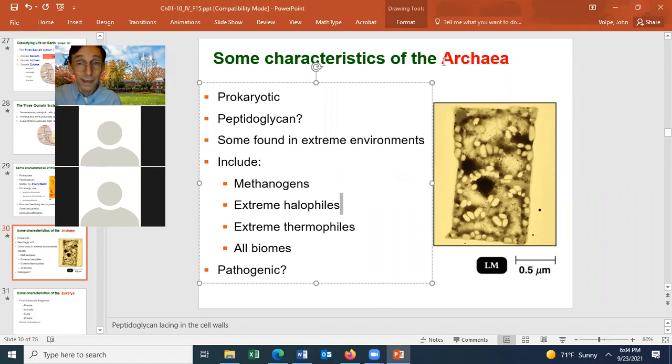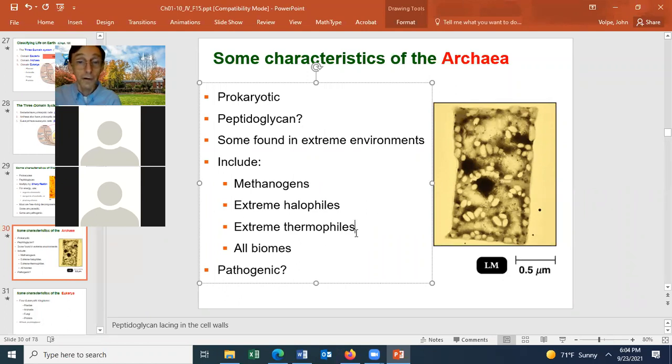Most of them are archaea. You can find archaea as extreme thermophiles. That means they live in very hot environments, like the boiling mud baths of Yellowstone National Park or in the geysers.